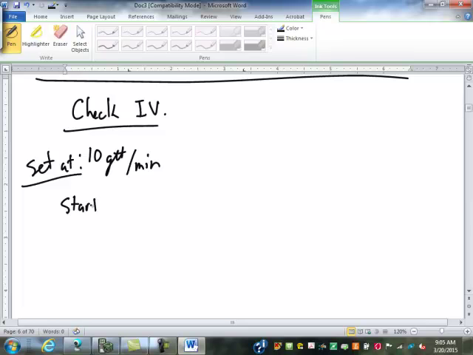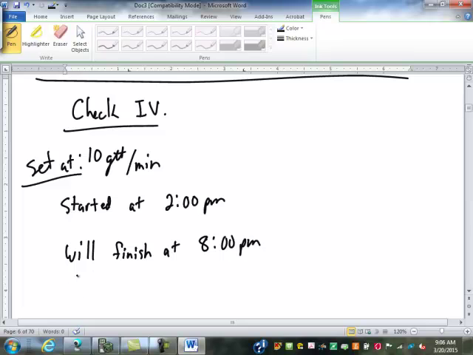The chart says that the IV started at 2 p.m. and is to finish at 8 p.m. How much total will be infused?